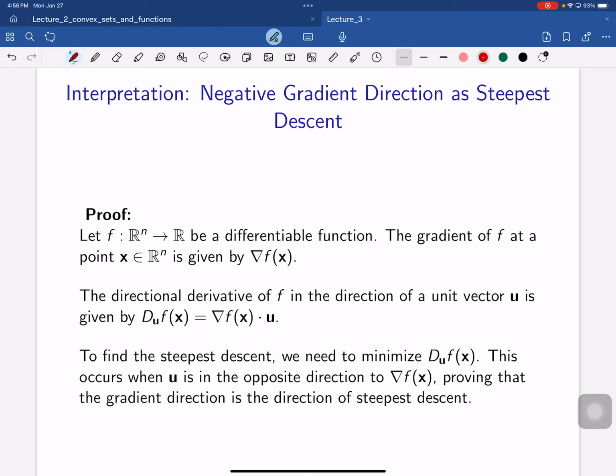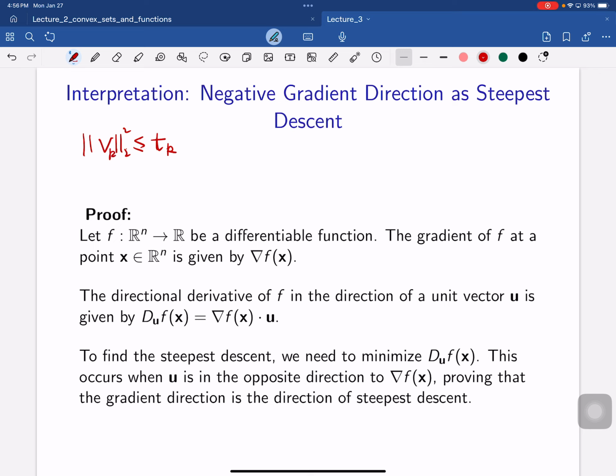Suppose I give you a direction vector with length less than or equal to, with slightly abusive notation, tk.